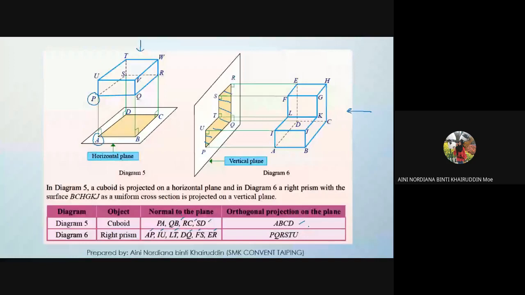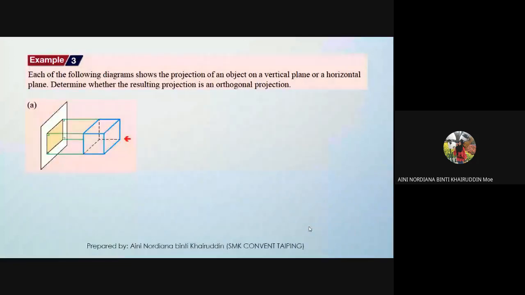Okay, example 3. Each of the following diagram shows the projection of an object on a vertical plane or a horizontal plane. Determine whether the resulting projection is an orthogonal projection. So like from here.